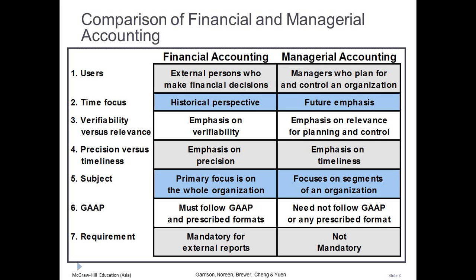Financial accounting conforms to GAAP. Managerial accounting is not bound by GAAP. And 7th, managerial accounting is not mandatory. Financial accounting is mandatory because various outside parties require periodic financial statements. Managerial accounting is not mandatory.